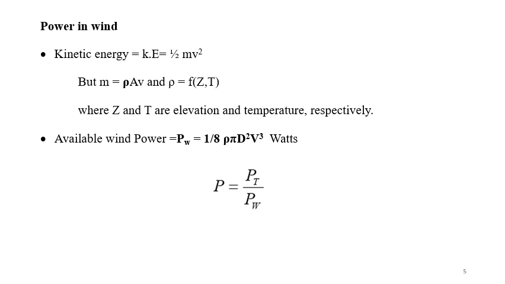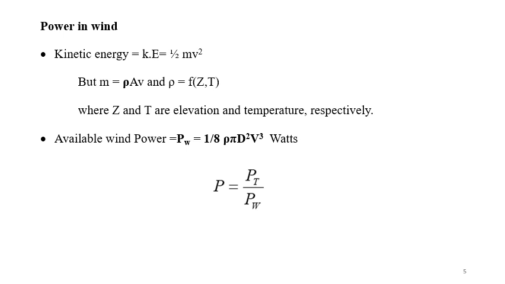The amount of air passing in unit time through the area A with the velocity v is A into v, and its mass m is equal to its volume multiplied by the density rho of the air. So m is equal to rho into A into v.